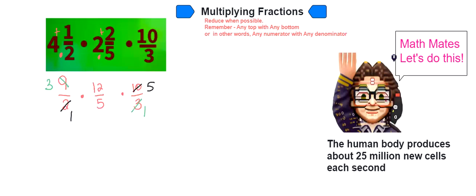Look at those 5s. We've got a 5 on the top and a 5 on the bottom. We can reduce those out too. 5 into 5 is 1. 5 into 5 is 1. Now, all we have left on the bottom are 1s, so we're done reducing. 1 times 1 times 1 is 1. 12 times 3 is 36. And 36 divided by 1 is 36.